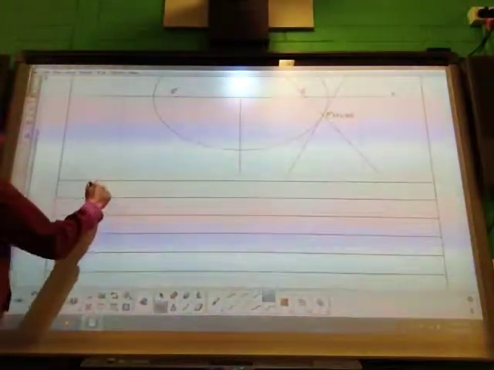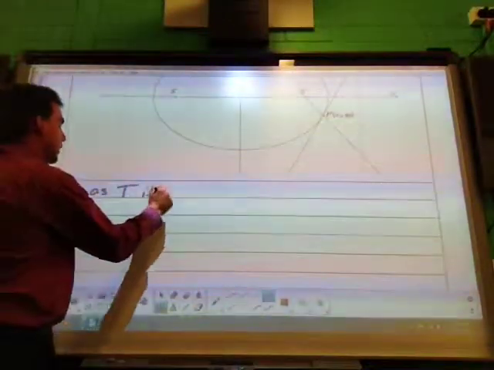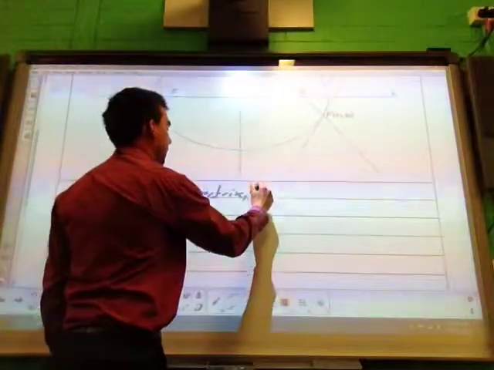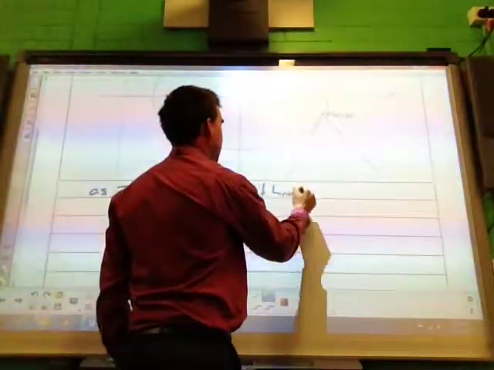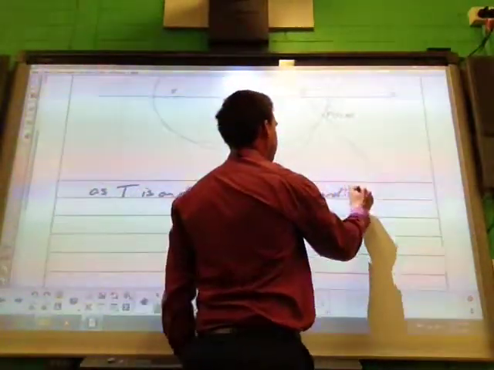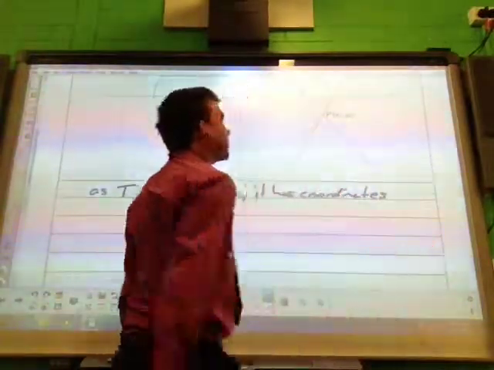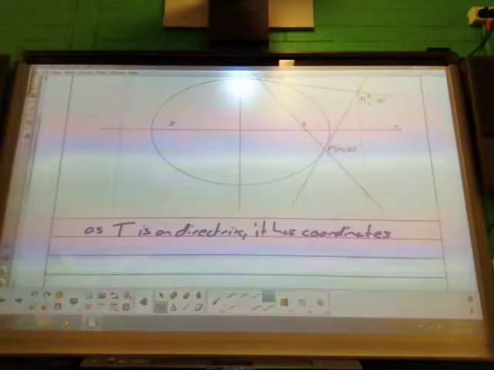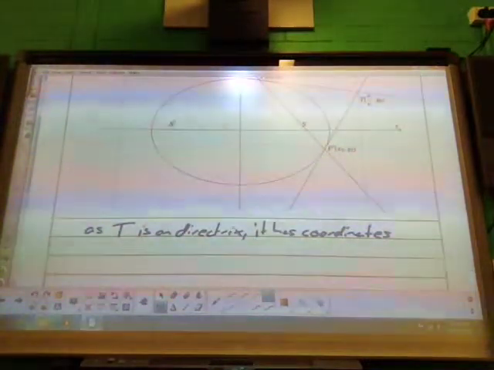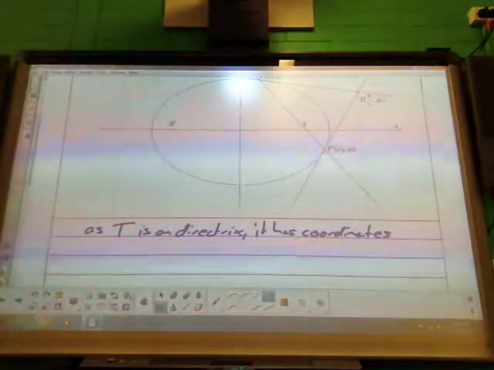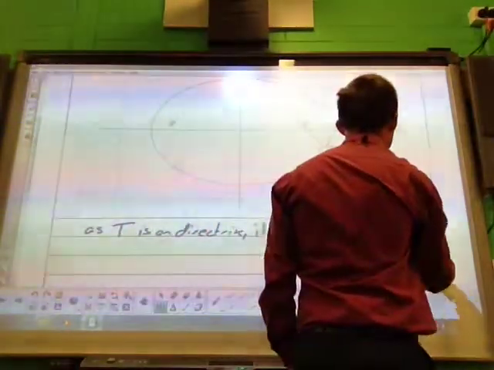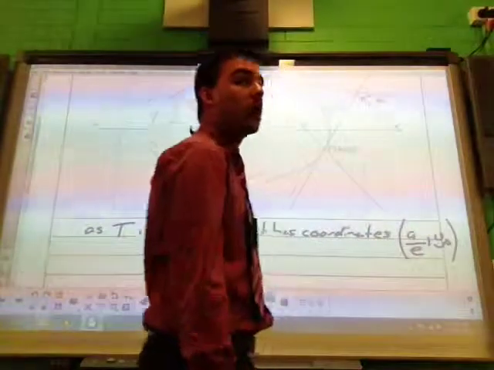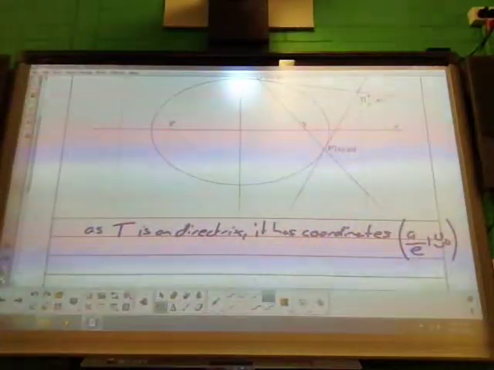So, as the point T is on the directrix, the x value on the directrix is of course a over e. And it doesn't matter which y value, it'll always work.